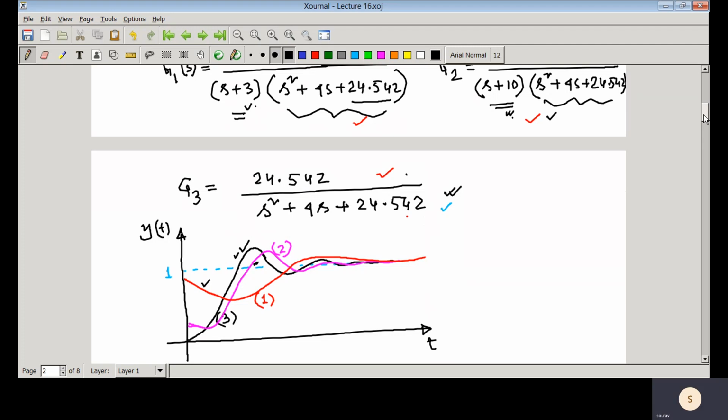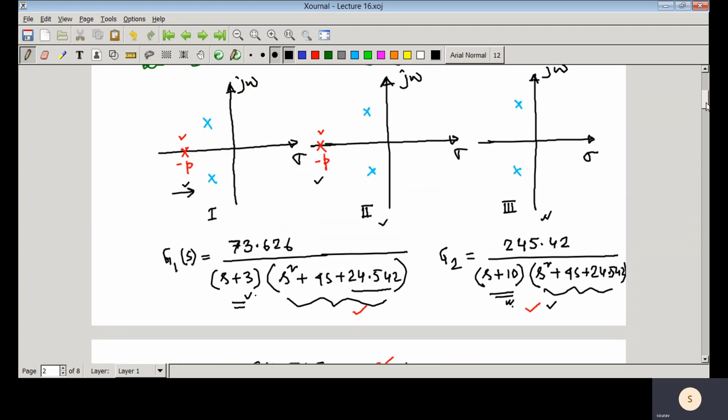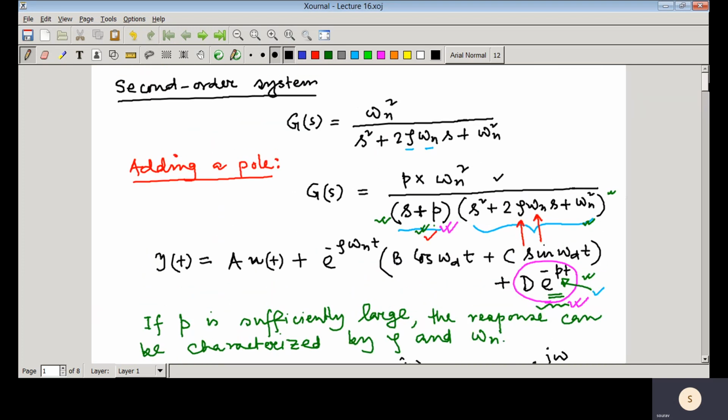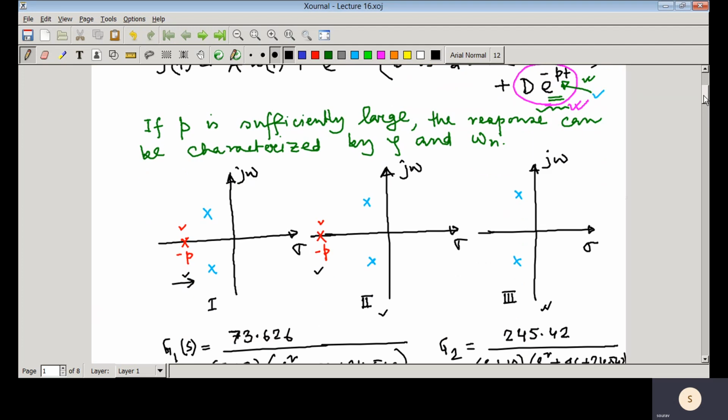So from this particular discussion, what we have seen is that whenever we introduce a pole to a second order system, if the pole is moved away from the origin, then the dominating poles are the second order system's poles.